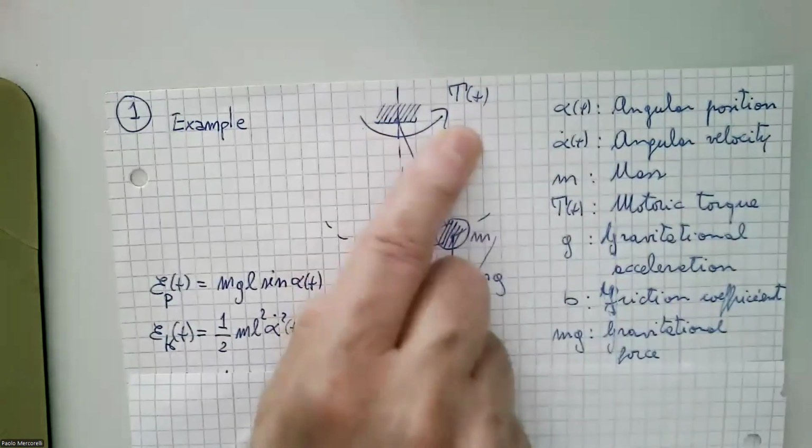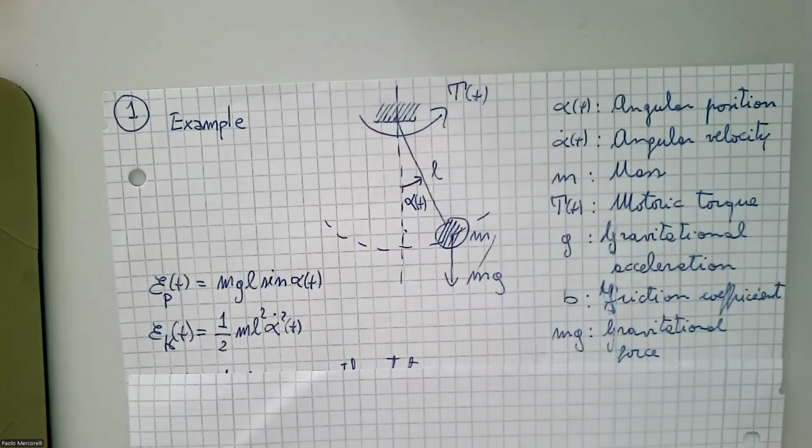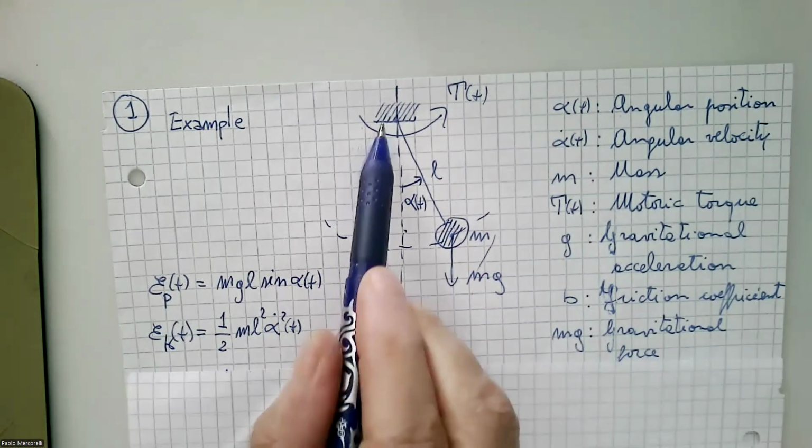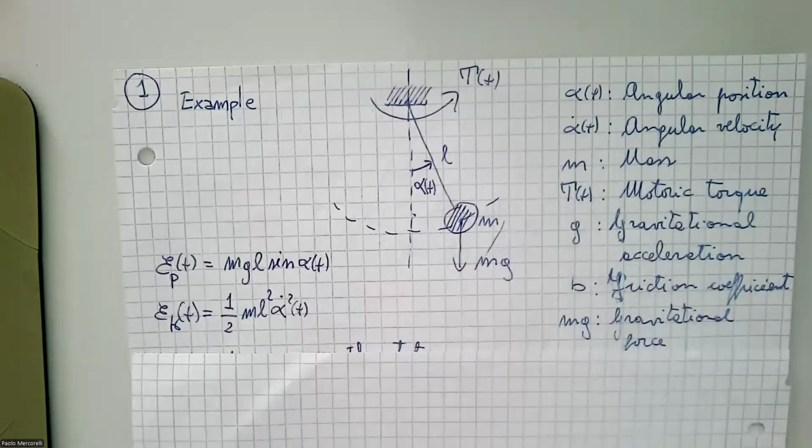You remember I told you the torque is generated by actuators. Think about that here in this point, I can consider a possible actuator, an electrical actuator.